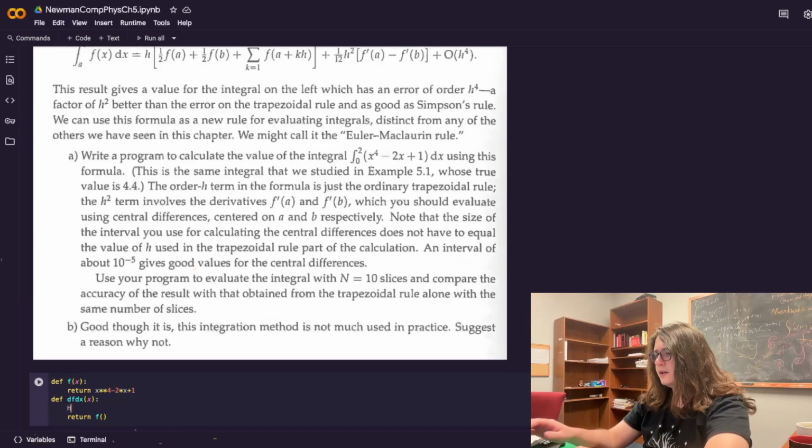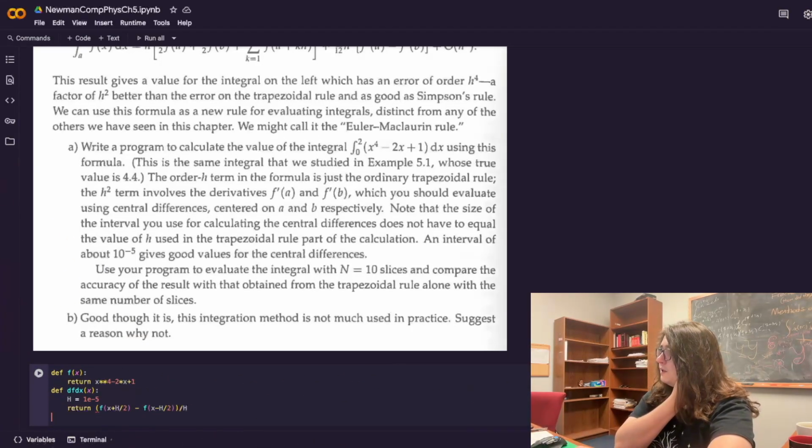So I'm just going to call that capital H, and the book suggests 1e-5. So 10 to the minus 5 is good enough. And then that's going to be f of x plus capital H over 2, minus f of x minus capital H over 2, and then all divided by capital H.